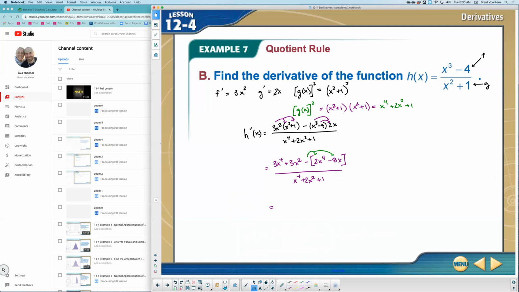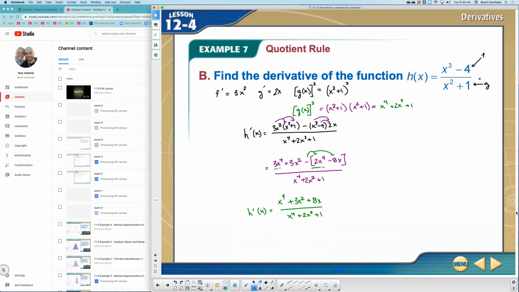Okay, so to keep track of everything, we'll have 1x to the 4th because I have 3x to the 4th minus 2x to the 4th, which is 1x to the 4th. And then I'll have positive 3x squared. And then a negative of a negative is a positive 8x. All of this is divided by x to the 4th plus, whoops, forgot the 2x squared plus 1. This would be the standard form of h prime.